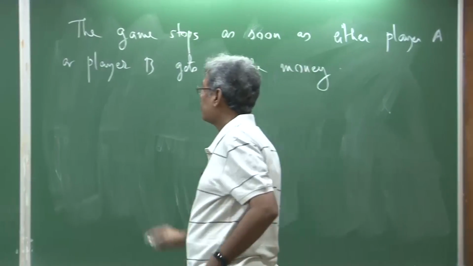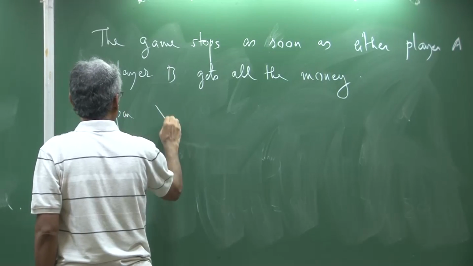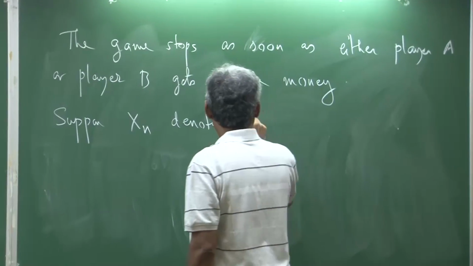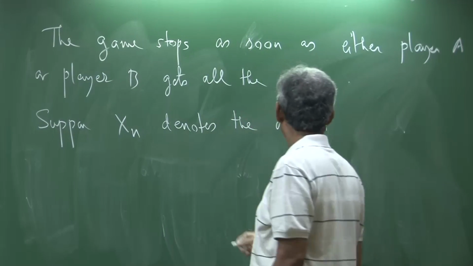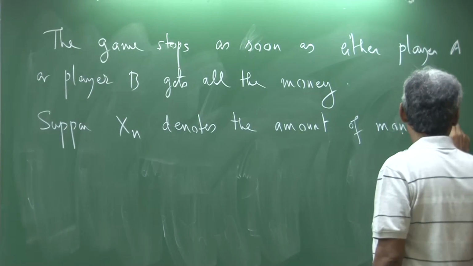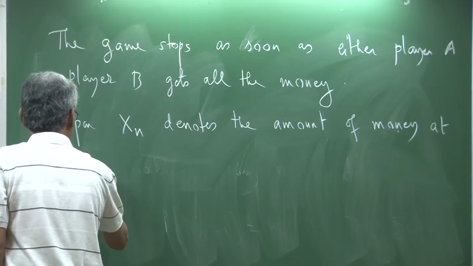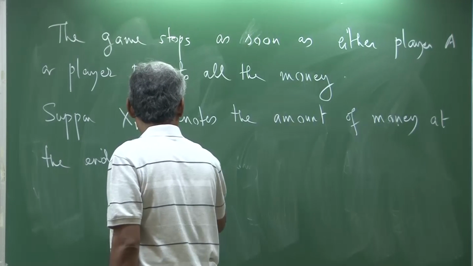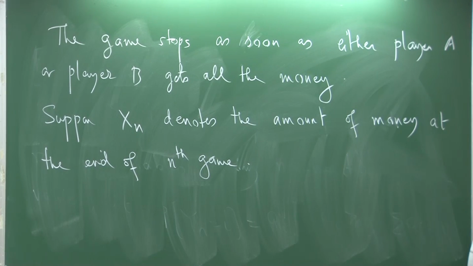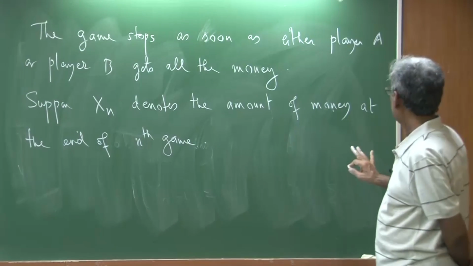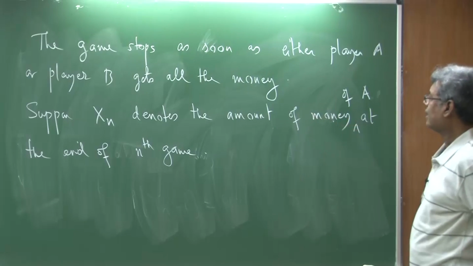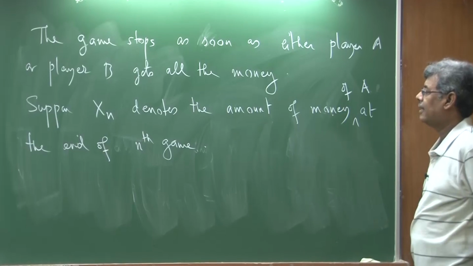Suppose Xn denotes the amount of money of player A at the end of the nth game.